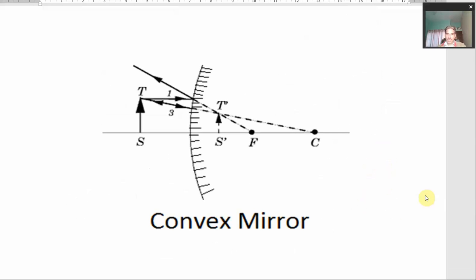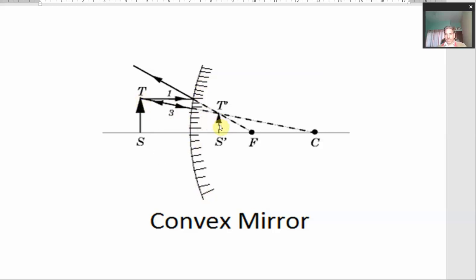Now comes a convex mirror. Whenever an object is placed in front of the reflecting surface of a convex mirror, we draw two light rays similarly from the topmost point, and we get the image again behind the mirror, away from the reflecting surface.